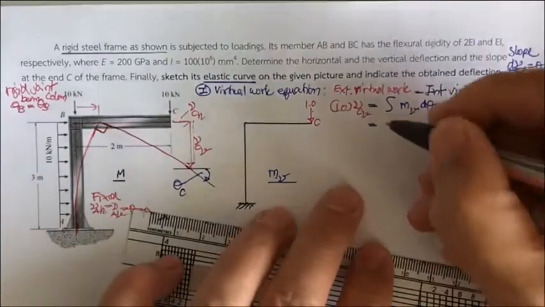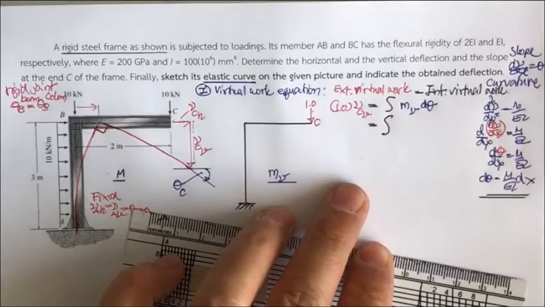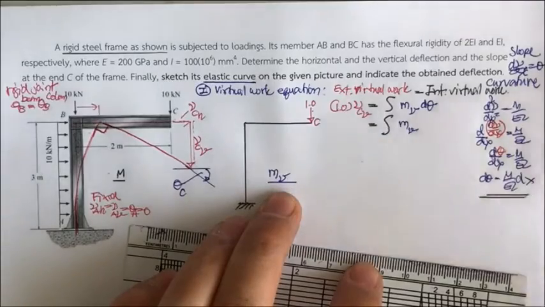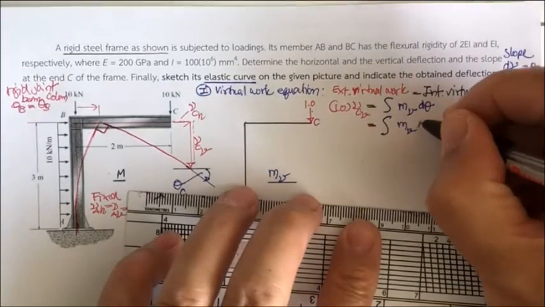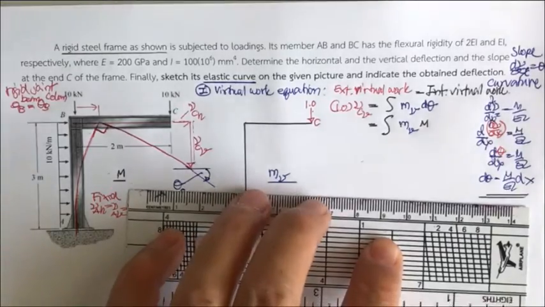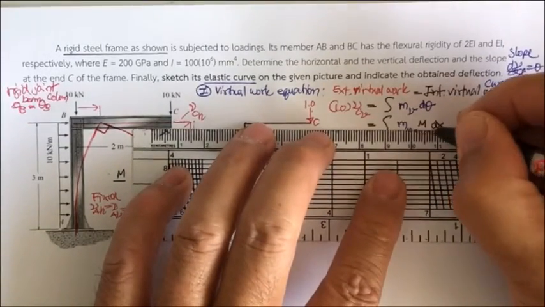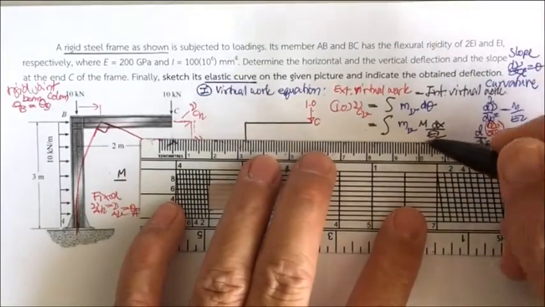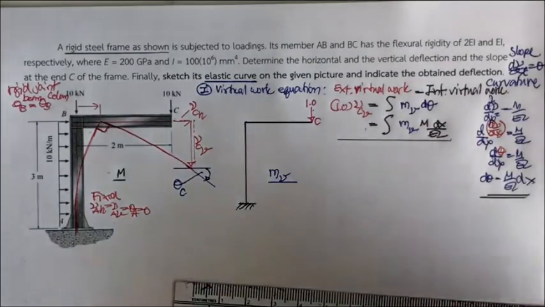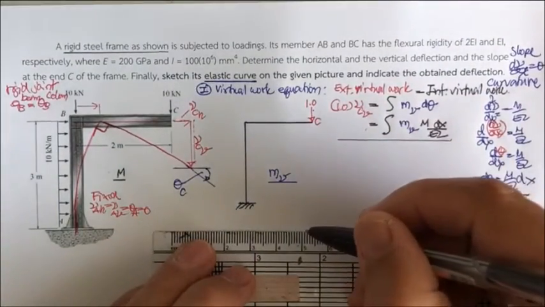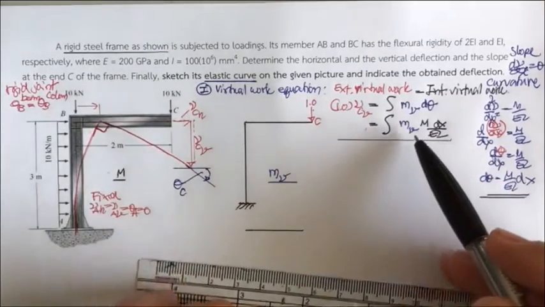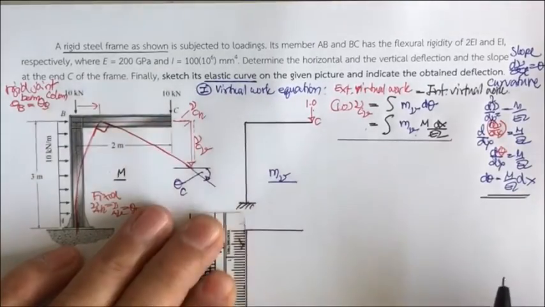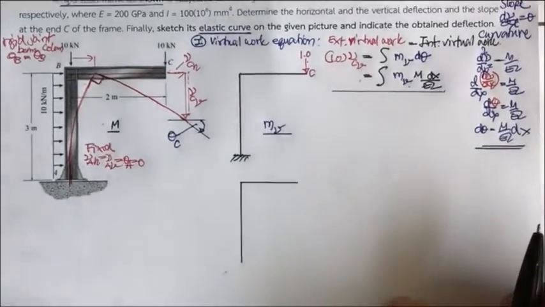This is going to be equal to the integration of the moment due to the unit load times the real slope of the frame, and then we arrive at this equation that can be used to determine the vertical displacement at C.